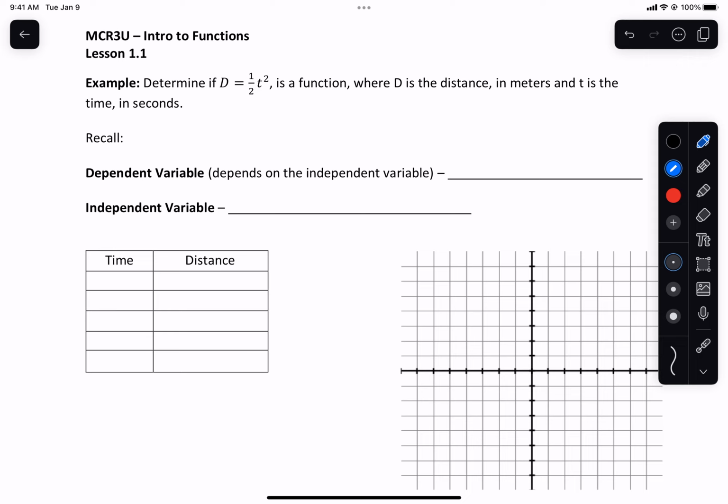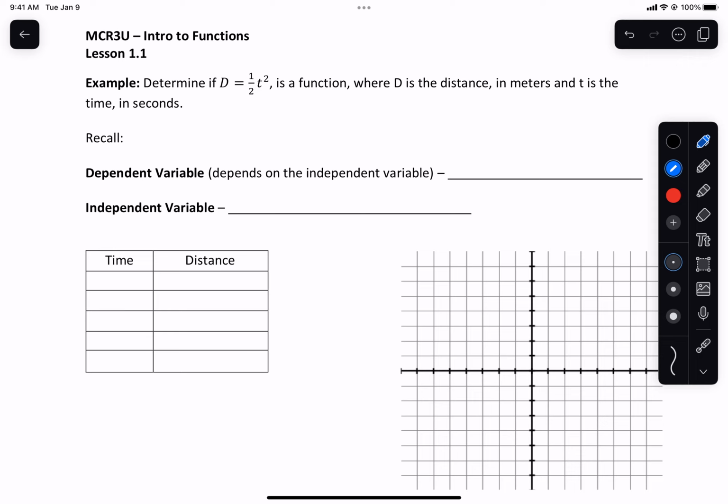Why might that be? Can you alter time in any way? No. So it's independent of everything else. If your question involves time, time is going to be the independent variable, and other things are going to depend on that time, because you can't just stop and start time as you please. It's just going to keep going.